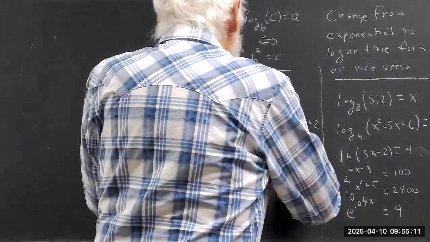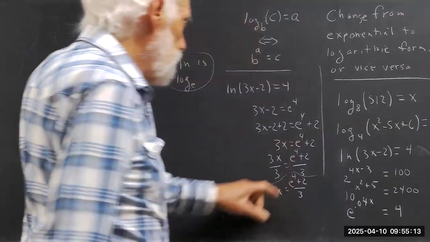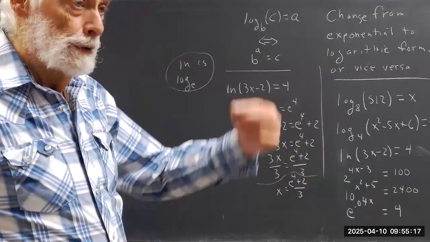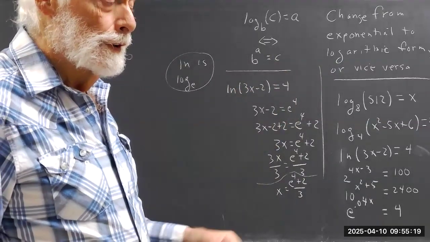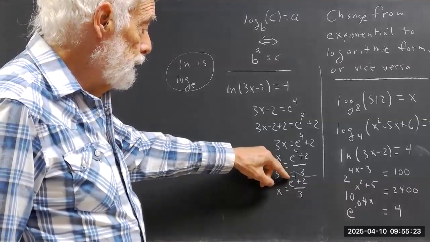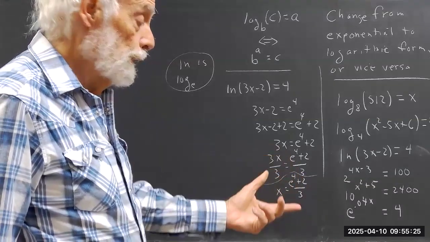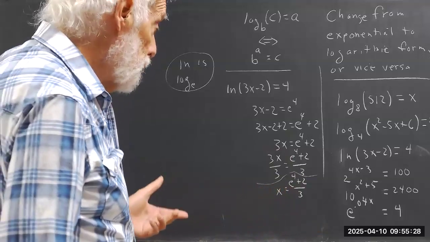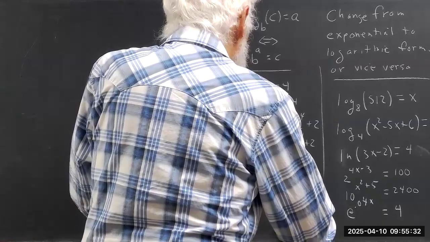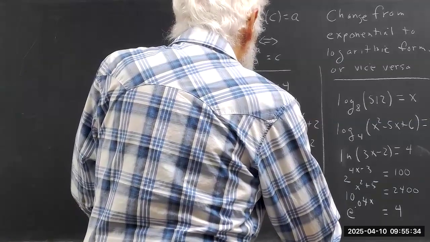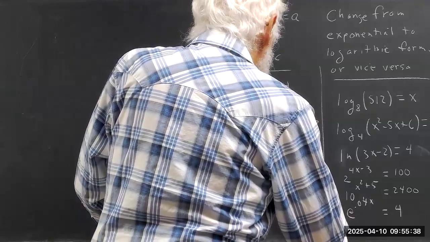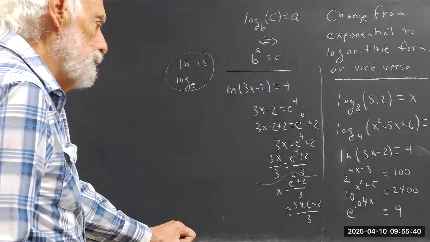Because we know that we use the calculator. There's a little e to the x button in your calculator. It says e^x. And you just do e to the 4th + 2 over 3, and you get that. And e to the 4th is approximately, I think, 54.6 to 3 significant figures.